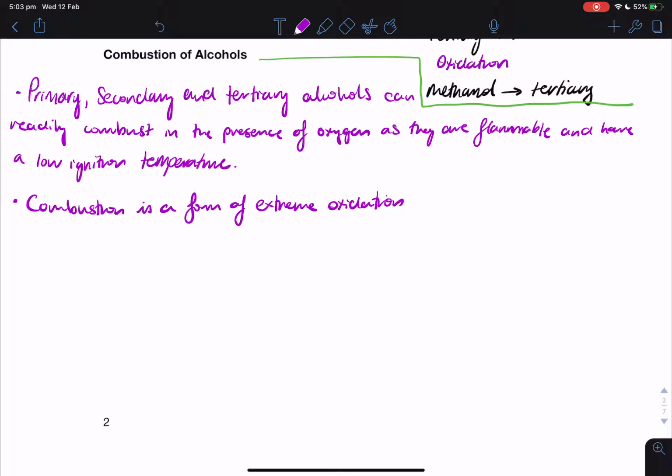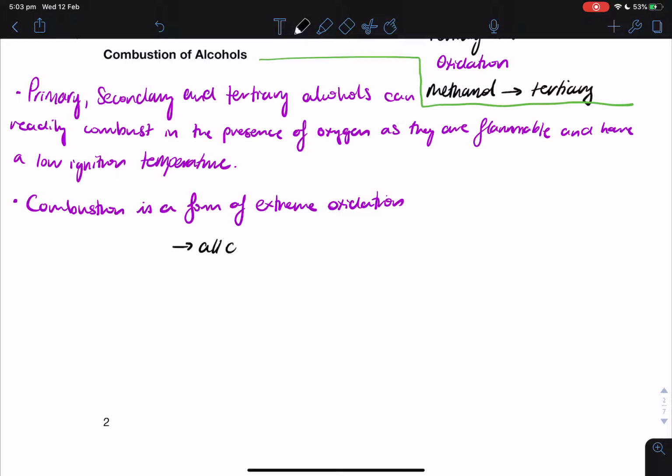We're going to go through oxidation in a lot more detail, but you have to know that combustion is a form of oxidation where all the chemical bonds of the alcohol and the oxygen are broken, so that all three forms of alcohols are going to readily combust. Let's write that down. So it's a form of extreme oxidation.